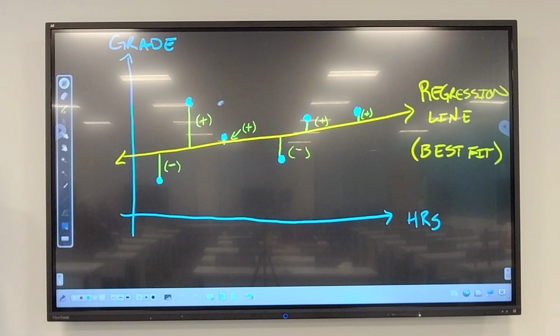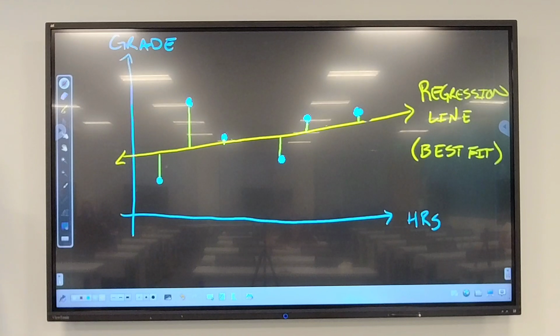I can do the same thing here. Each one of these deviations is some number. I'm going to go ahead and make up some numbers to put here.